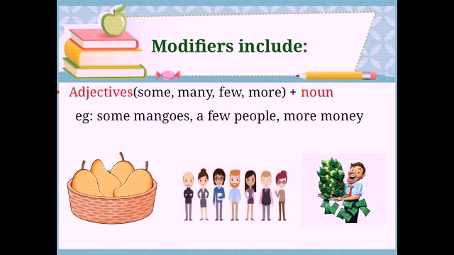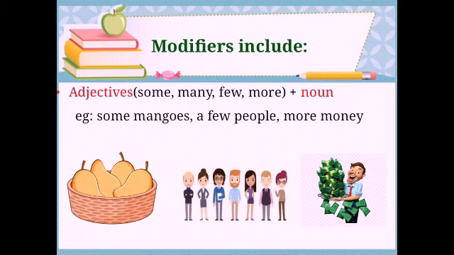Again, you can use the other kind of adjectives like some, many, few, more. These give you an idea about the quantity. Not the exact number, but you get an idea about the quantity.